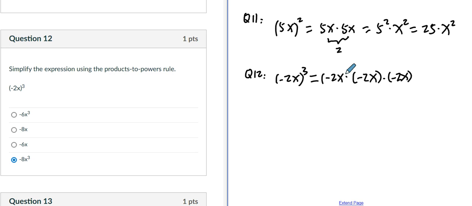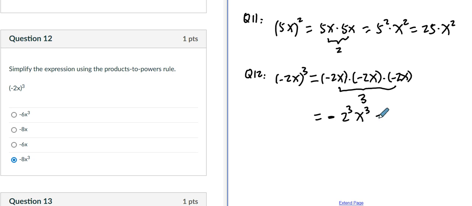You may put a parenthesis here. So how many? 3 times. And then we know negative times negative is positive, and then positive times negative, the final answer would be negative. 2 is 2 cubed, and x will be x cubed.